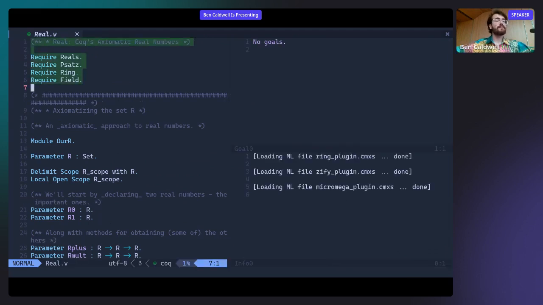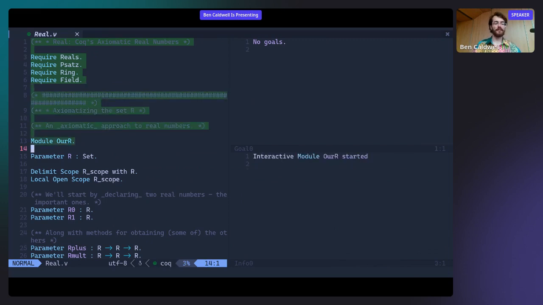Inside of Coq, the real numbers are an entirely axiomatized system. There's no way to represent them nicely on a computer, so we have to axiomatize it and then work around the extraction issues later. We're going to go through how they do it.